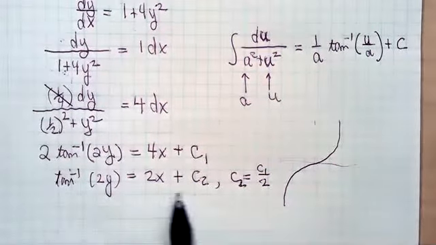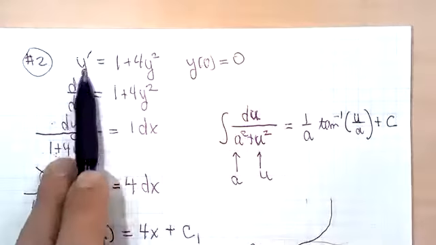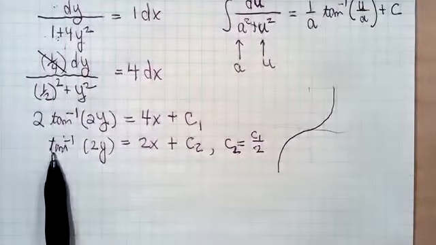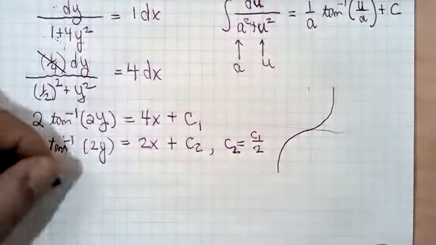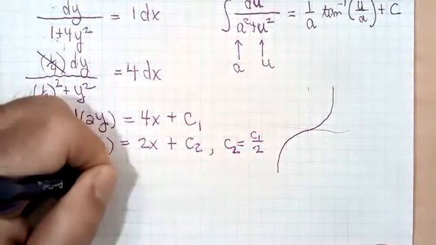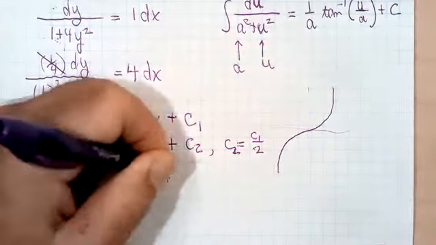Okay, so this is the solution to the differential equation, which we started with way up here: y prime equals 1 plus 4y squared. However, it would be a lot nicer if we took the tangent of both sides. So 2y is equal to the tangent of 2x plus a constant.